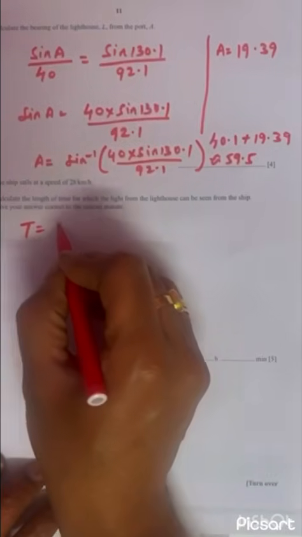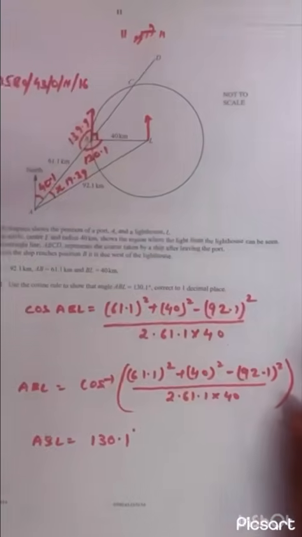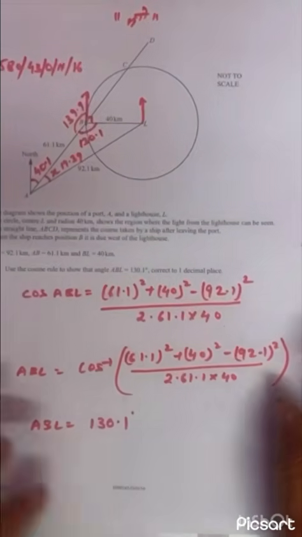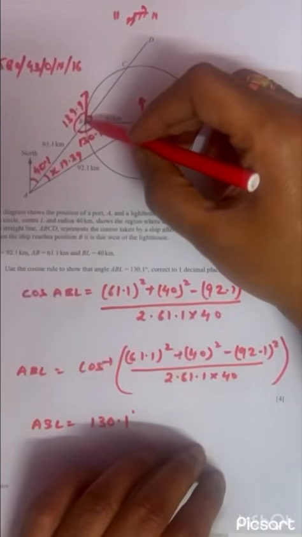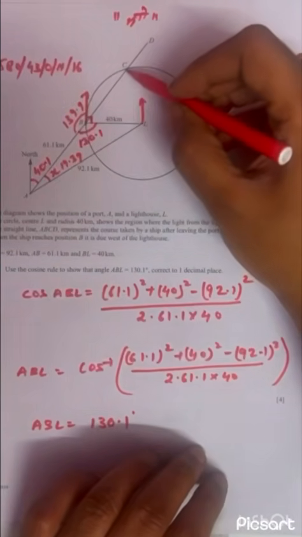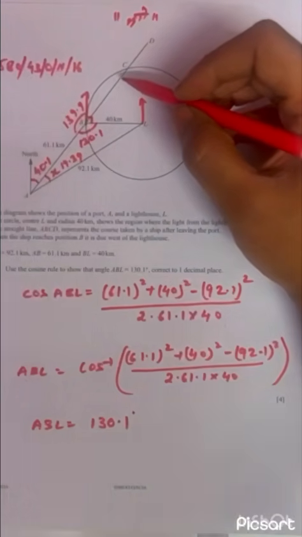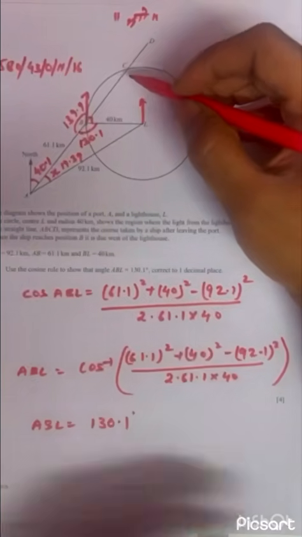Time is distance upon speed. I know speed is provided, it is 28 km per hour. If you see this diagram, I will try to find the value of BC, and that will be the distance. Once I know the distance BC, I will divide that by 28 km per hour and I'll get my answer, and that will be time.